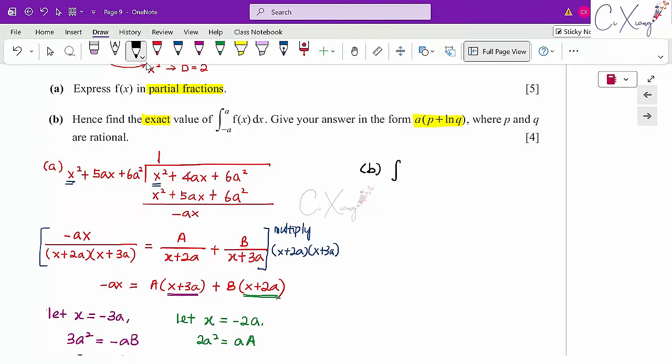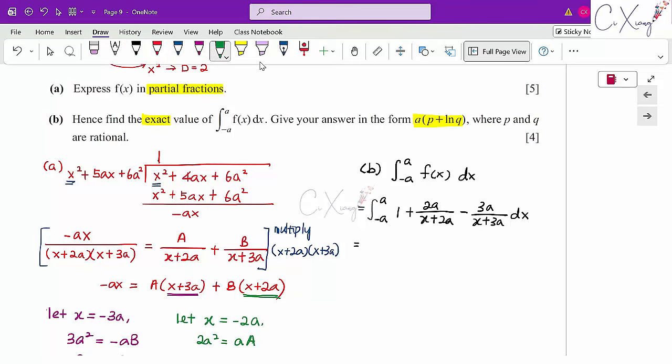I want to integrate from negative a to positive a for the function. I will directly use the result of the partial fraction that I got just now. All these are not something very hard to integrate. So let us start.